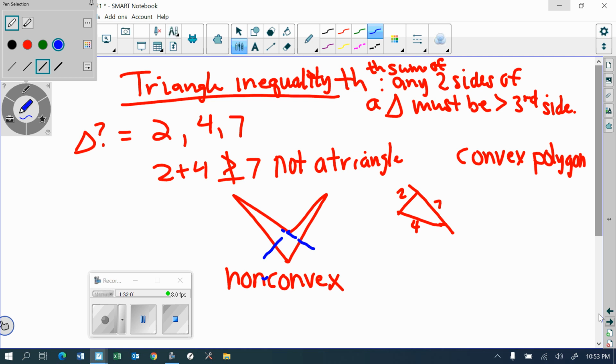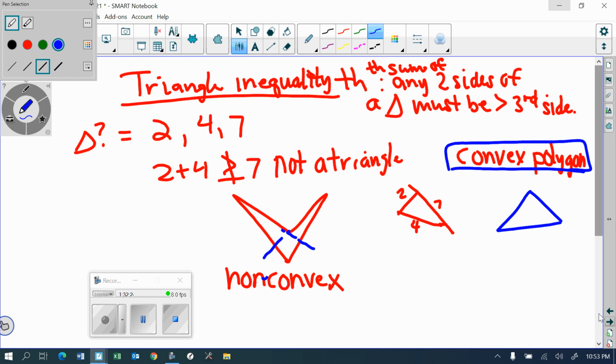So when I say we only deal with convex polygons, a triangle would be a convex polygon. That's a true triangle right there. Because if I extend any of these sides, they do not go inside the triangle. So that's called a convex polygon, just so you know, vocab-wise.